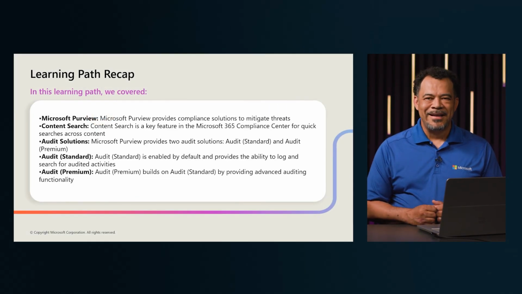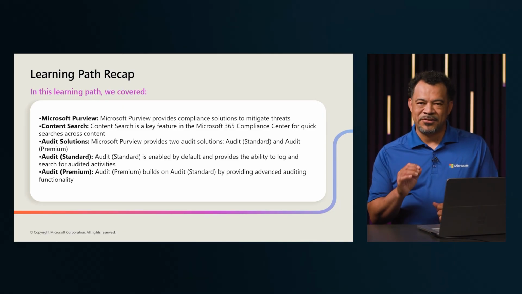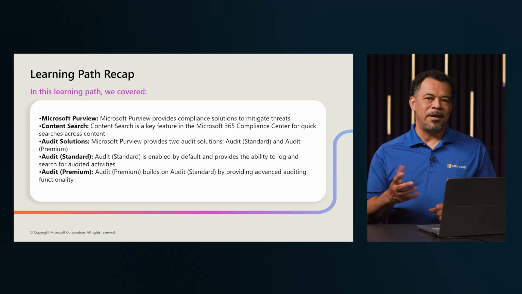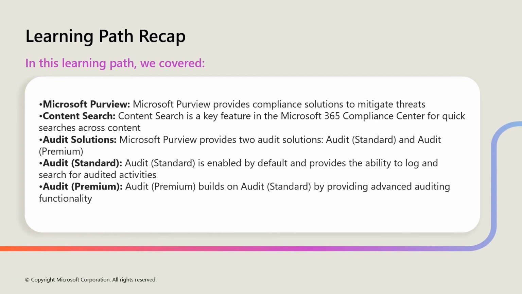So, in this learning path, we covered Microsoft Purview, specifically how it provides compliance solutions to mitigate threats. We talked about content search and how it's a key feature in the Microsoft 365 compliance center for quick searches across your content. We looked at audit solutions.